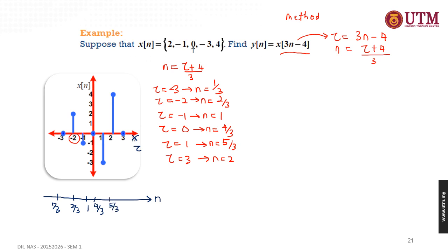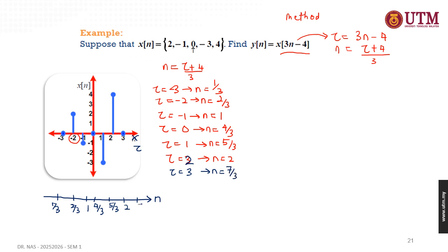Oops, I'm missing the 2. When tau equal to 2, it is 2. And then tau equal to positive 3, so the n equal to 7 over 3.